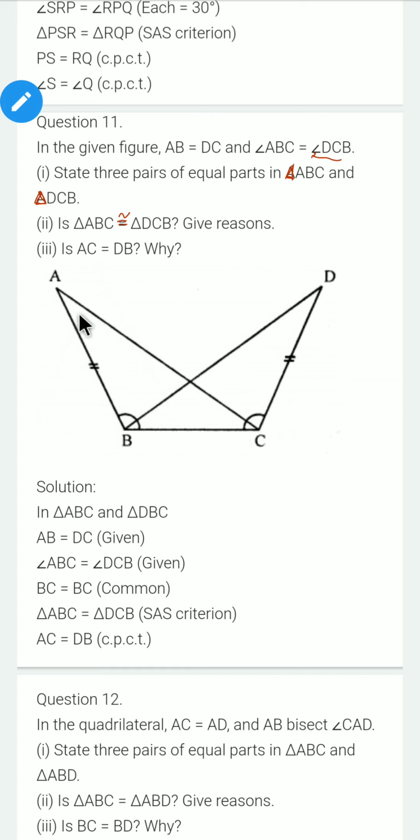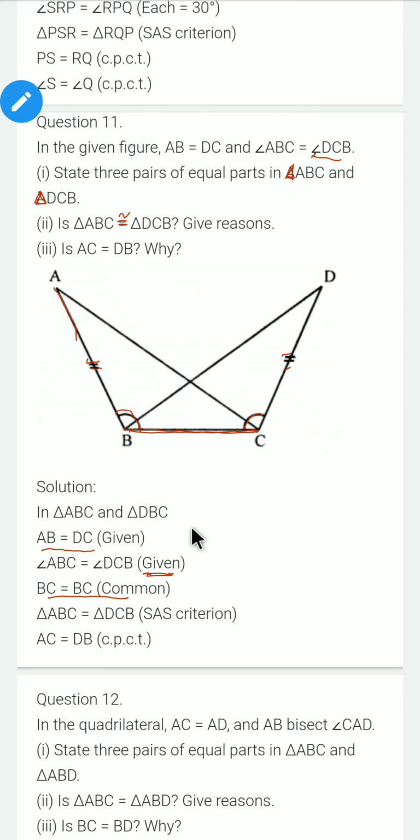Look, in this triangle ABC and in triangle BDC, this angle is equal to this angle. Why equal? Because they are given equal. And this triangle's BC side and this triangle's BC side are equal, because this is a common side. Clear? And again this side and this side are equal.